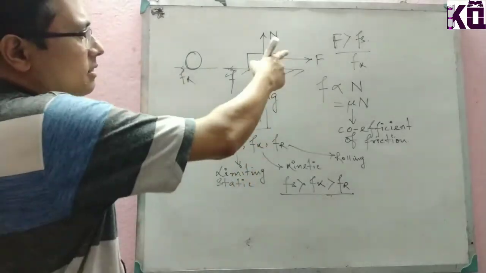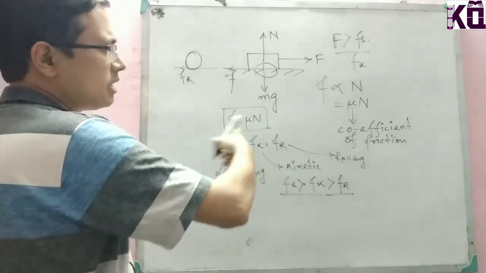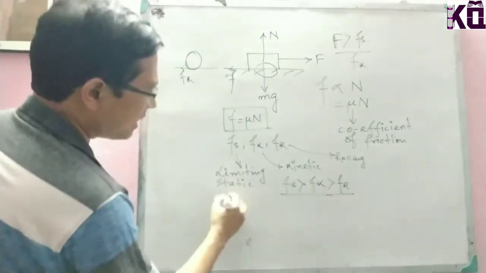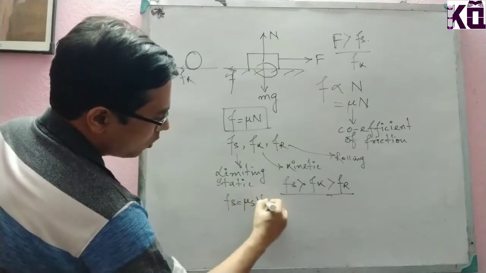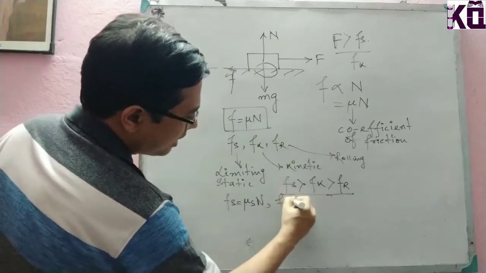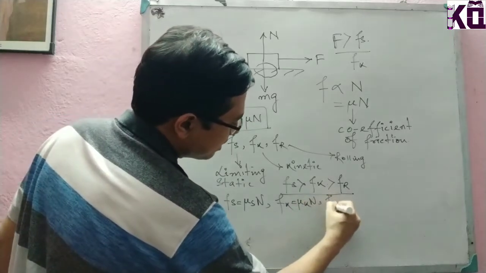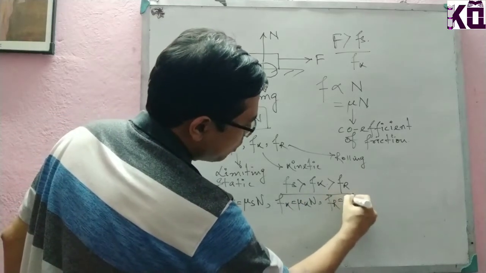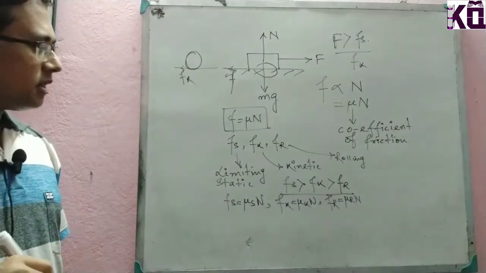Now as F equals mu into N, already we have seen, we can write Fs equals mu S N, Fk equals mu K N, and Fr equals mu R N, right?